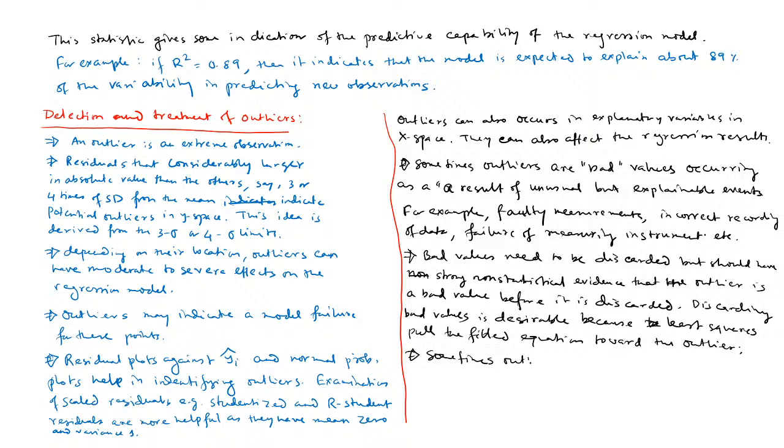Sometimes an outlier is an unusual but plausible observation.